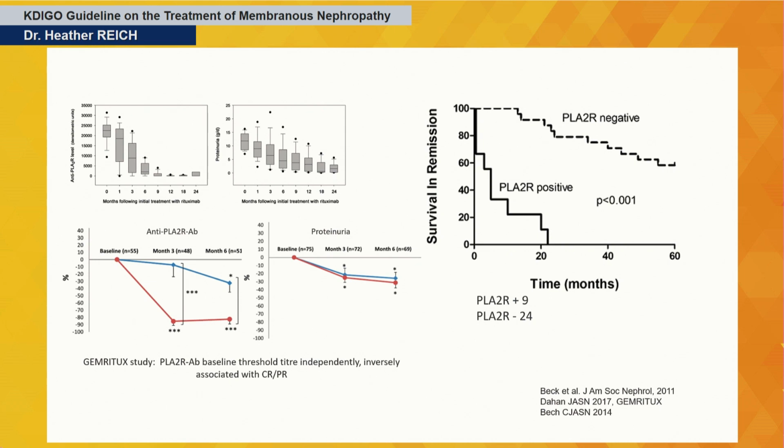And if you look on the far right at that panel, that is a study of 48 patients in a longitudinal cohort study. And here they measured PLA2R using ELISA at the end of therapy with either cyclophosphamide or MMF. And patients who were anti-PLA2R positive had a much shorter time before relapse compared to patients who had negative titer at the end of treatment.